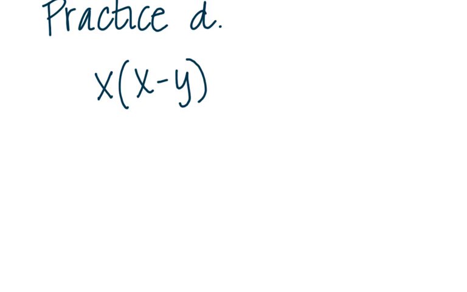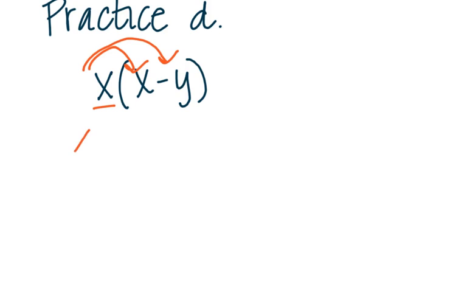Okay, do practice D. X times x minus y. See how you do, and then we'll come back and do it together. Okay, so we have our x being distributed to our x and to our y.